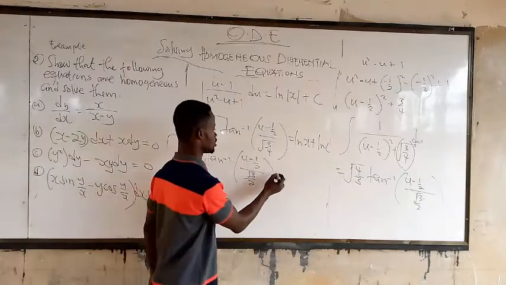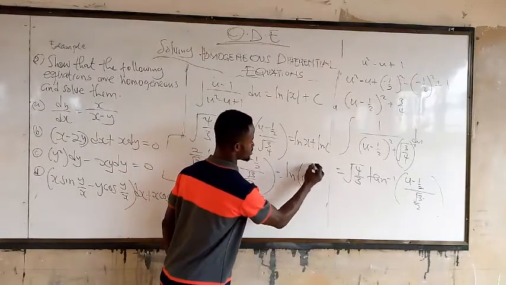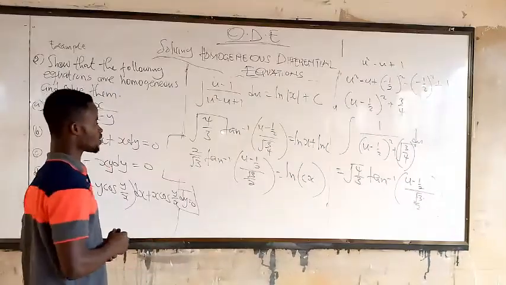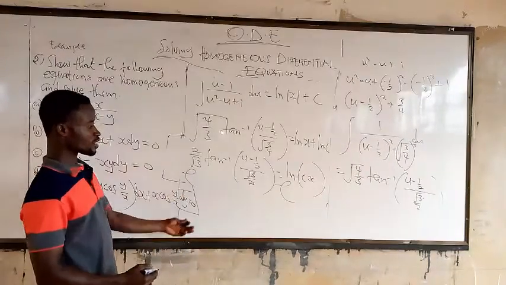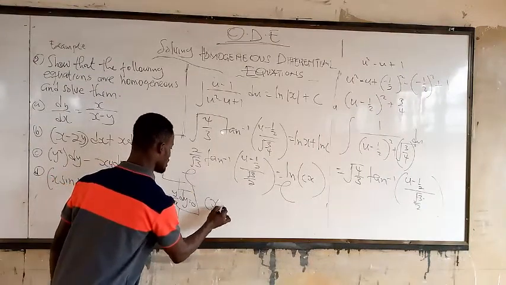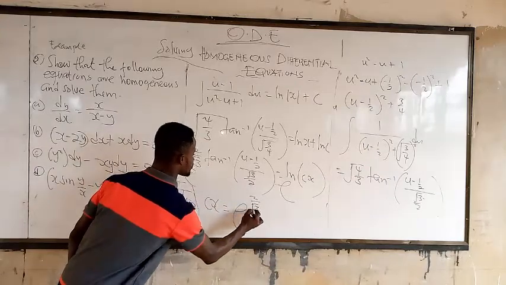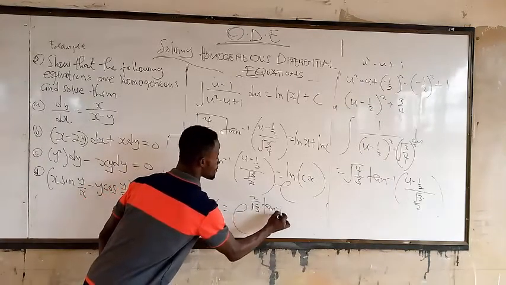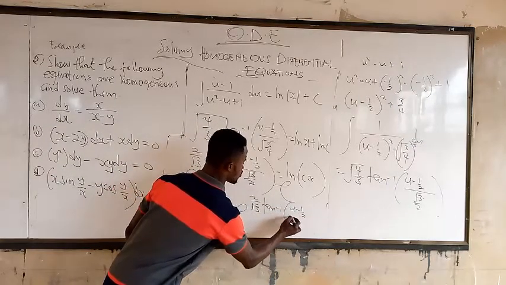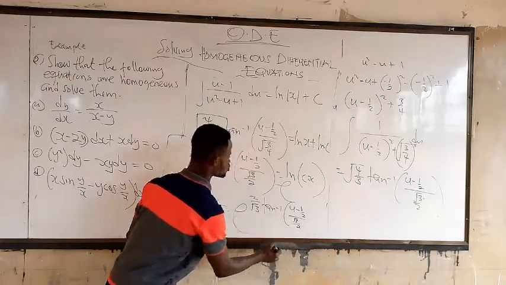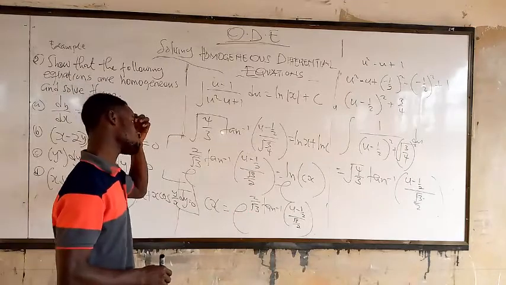Is equal to ln cs. So what you do here is take the natural log of both sides, and when you do, you get cs equal to e raised to the power 2 over square root of 3 tan inverse of (u minus half) over square root of 3 over 2, and that is what we have for that.